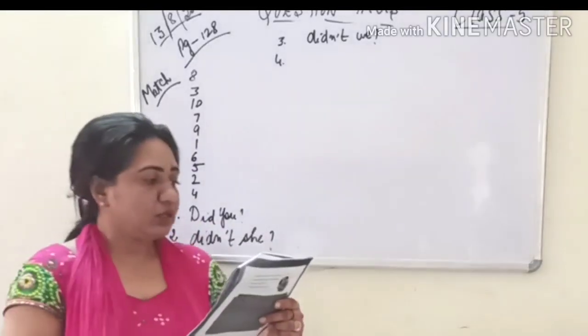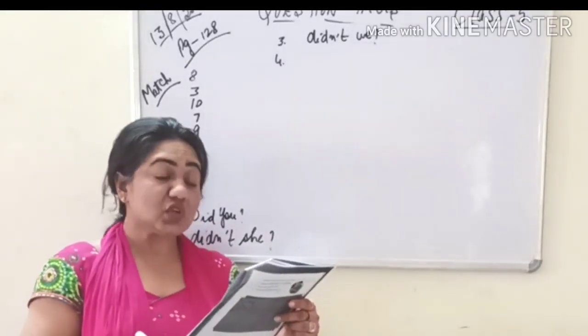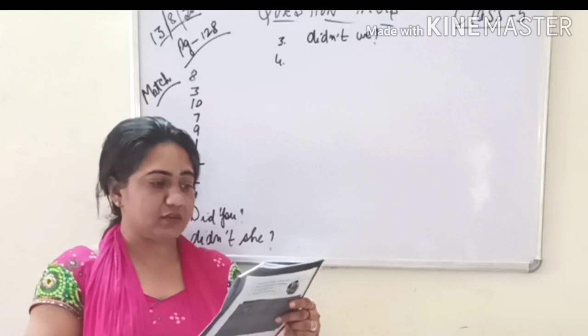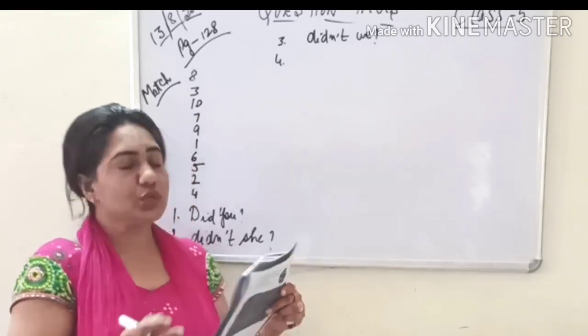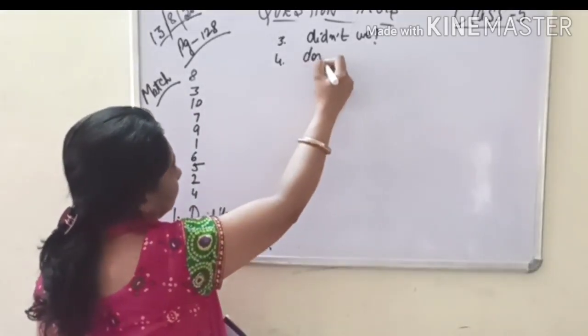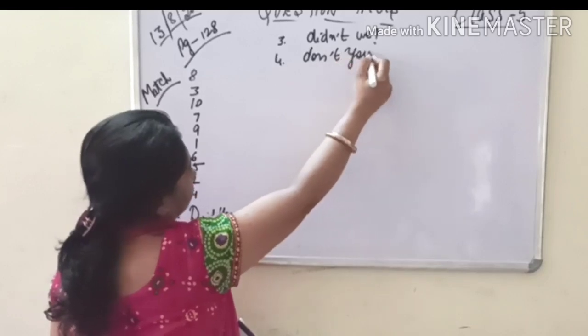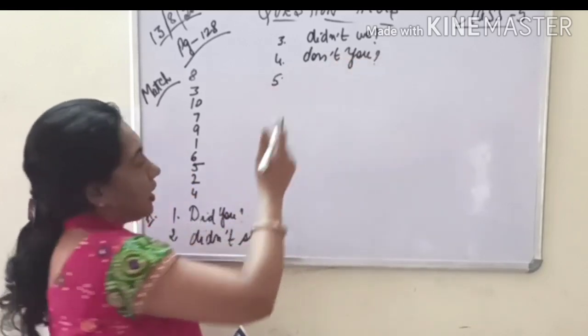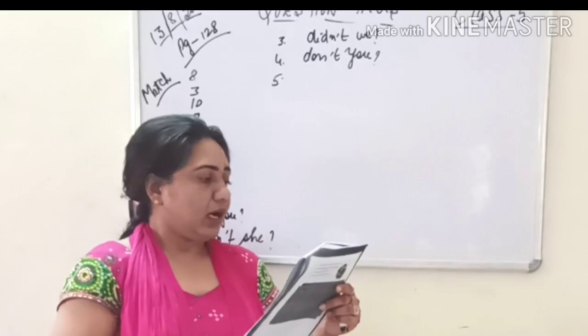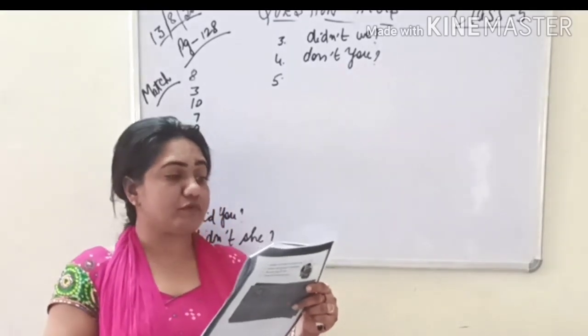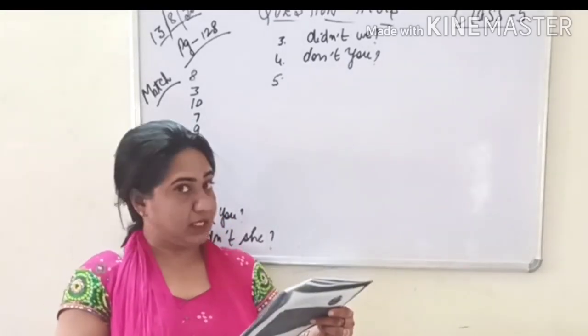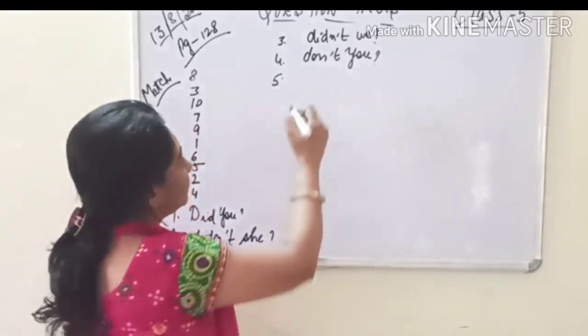Next one, you want to buy teacups and saucers. Again positive, make it negative. Don't you? I hope you are writing the answers along with me. Ananya is the best athlete of our school. Positive, make it negative. Isn't she?